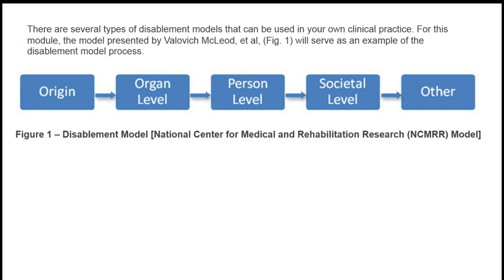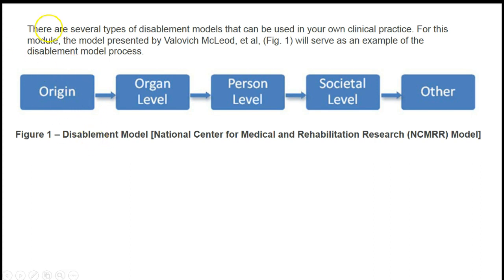And so the first thing that you see there is the origin, right? The origin basically is the domain that allows the clinician to use diagnostic techniques to determine the dysfunction of tissue. The pathology of injury is identified through diagnostic testing.